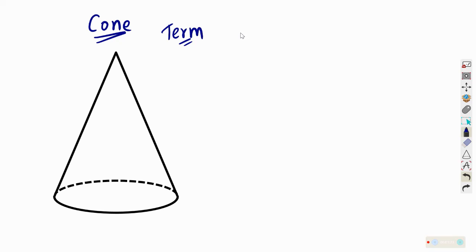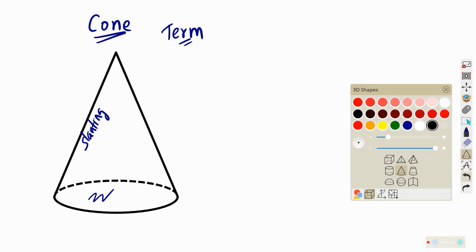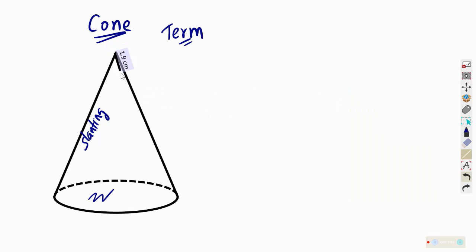Now when it comes to a cone, there is an area here which is circular again, and this is something slanting, not straight like height. If you are thinking about the height of a cone, you should think about this particular distance from here to here, correct? I can simply write this as the height of a cone, h.